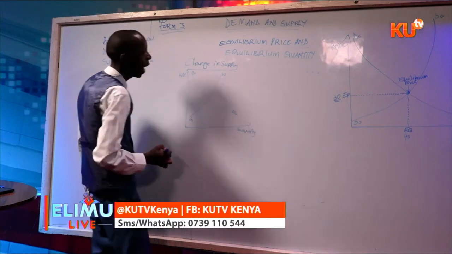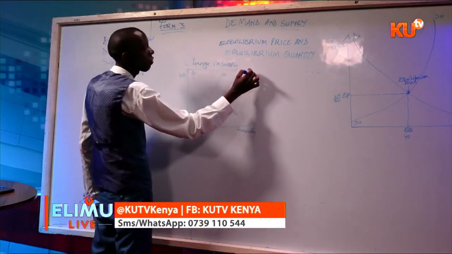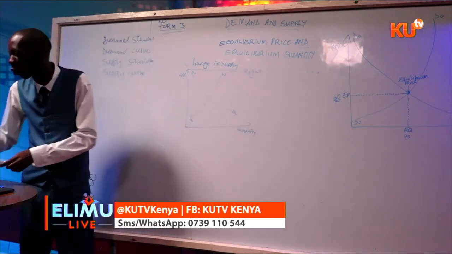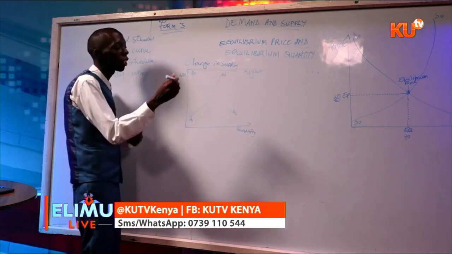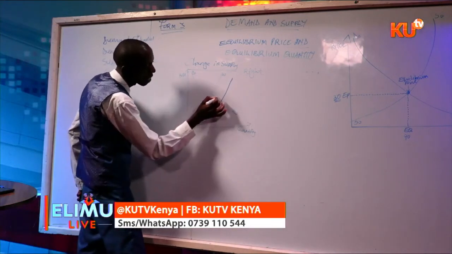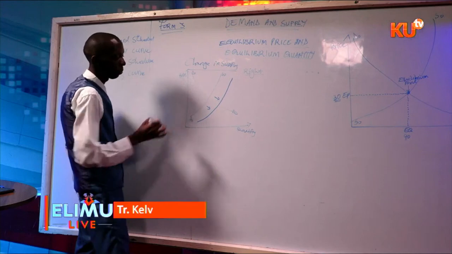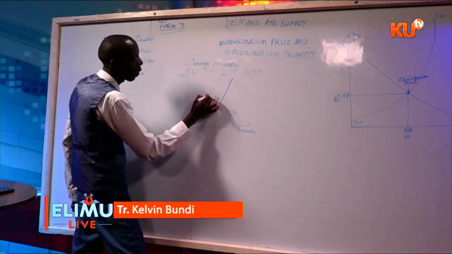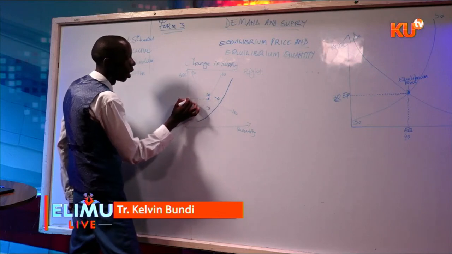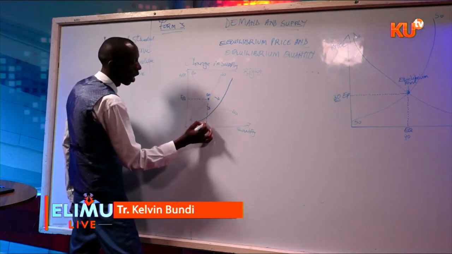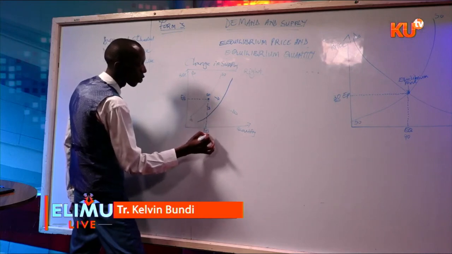So what would happen if we have a shift in supply curve to the right? That means there is an increase in supply. When there is an increase in supply, remember this was our equilibrium point, our equilibrium price naught, our equilibrium quantity naught.